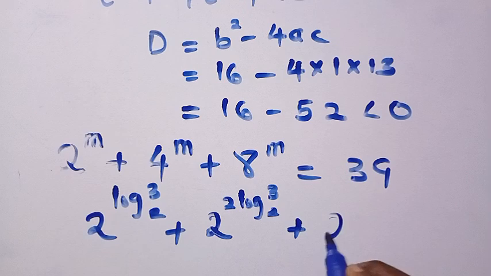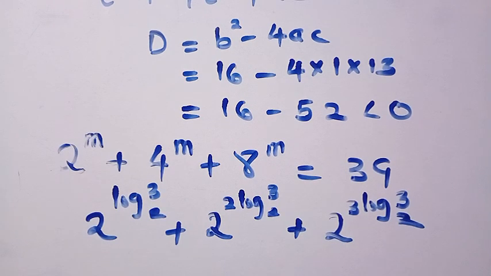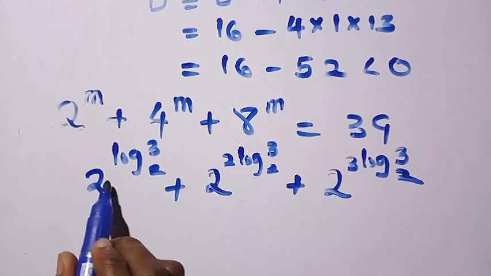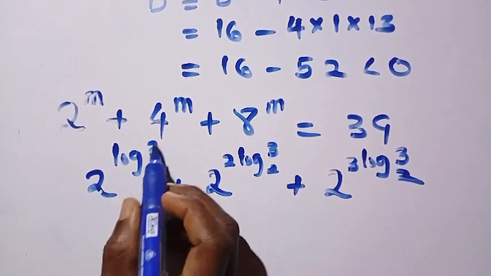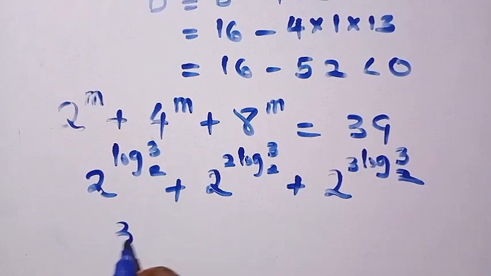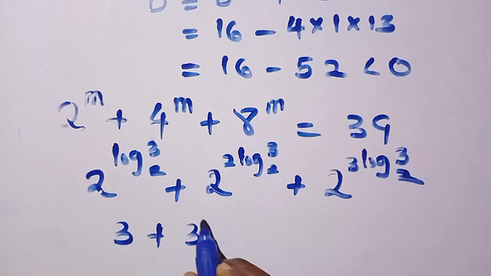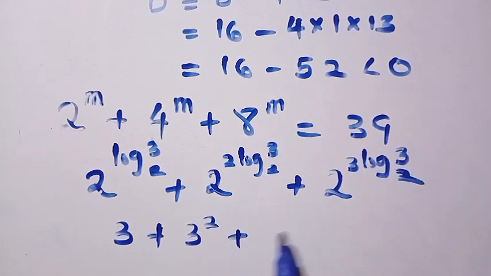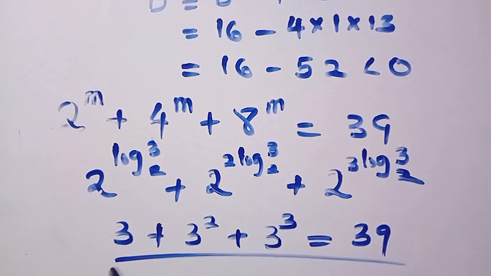Similarly for 8, we have 2 power of 3 log 3 base 2. When the base of the log and the base of the power are the same, we only take the 3. Therefore we have 3 plus, the 2 comes here, that is 3 raised to power 2, plus the 3 comes here, that is 3 raised to power 3. Everything equals 3 plus 9 plus 27, and that gives us 39, which shows that log 3 base 2 is the correct answer to this problem.